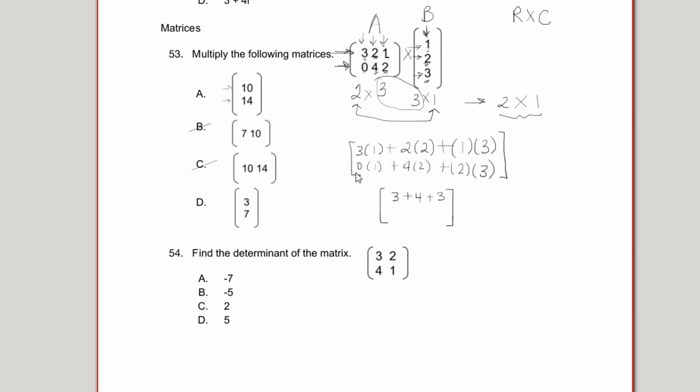For our second row, 0 times 1 is 0, plus 4 times 2 is 8, plus 2 times 3 is 6, and that's going to lead us, when we add, 3 plus 4 is 7, plus 3 is 10. We could actually stop here because we look at the first entry that has a 10 in that first position, and that's A, but continuing on, 8 plus 6 is 14, and that confirms the answer as answer choice A.